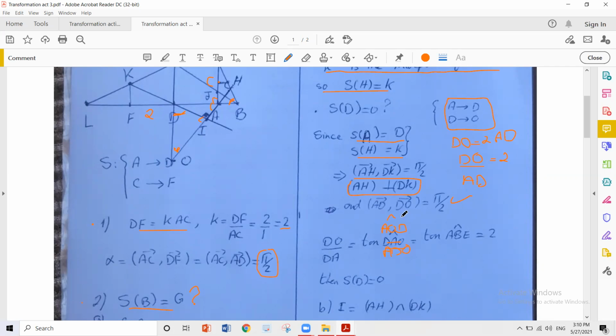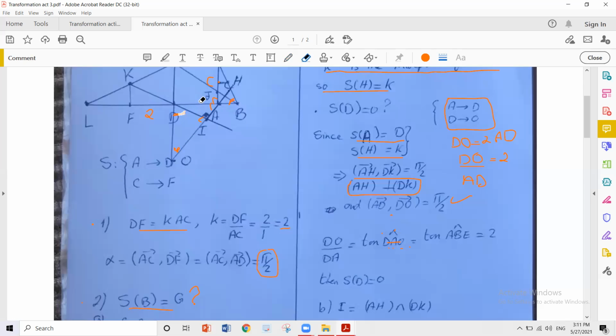Okay, it is DAO. Tangent DAO equals DO over DA.